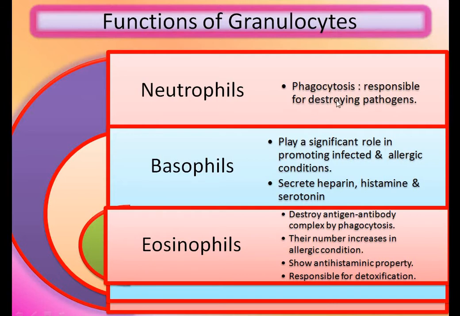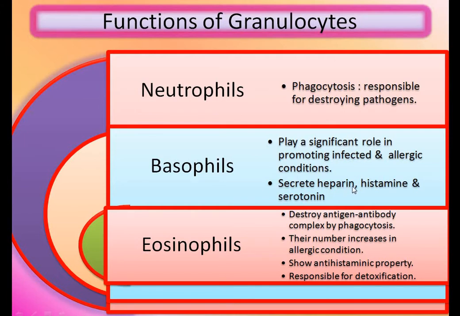This is the phagocytosis method. The second, that is basophils. They play a significant role in promoting infected and allergic conditions. Basophils are only active during infected and allergic conditions. It can secrete heparin, histamine and serotonin.